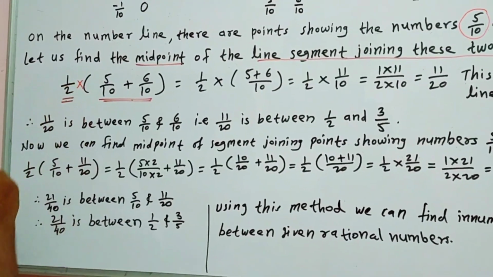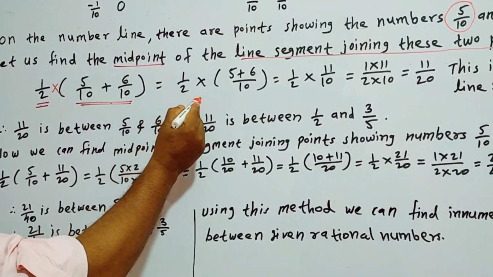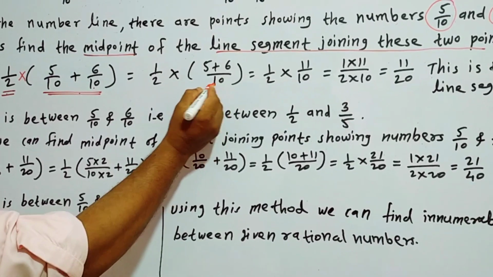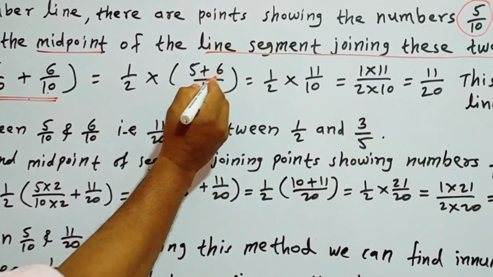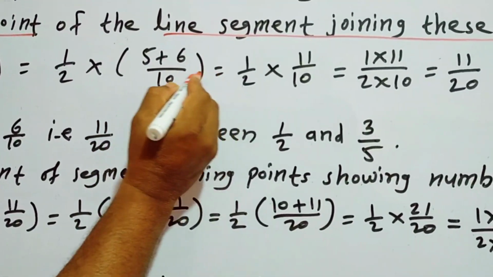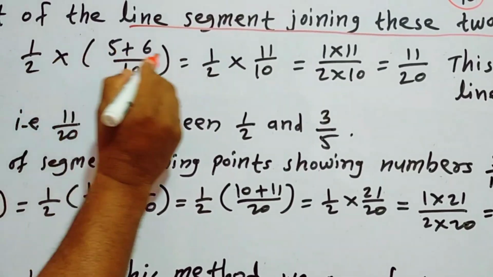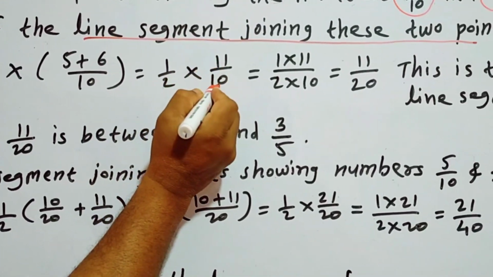Half of it means half into. Here denominators are equal, so we can take 10 as LCM and add their numerators. 5 plus 6 upon 10 equals, now 5 plus 6 is 11, 11 upon 10. Then half into 11 upon 10.